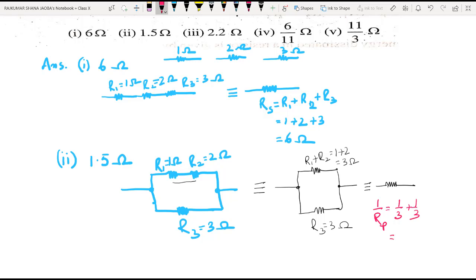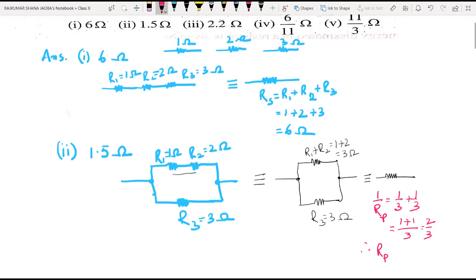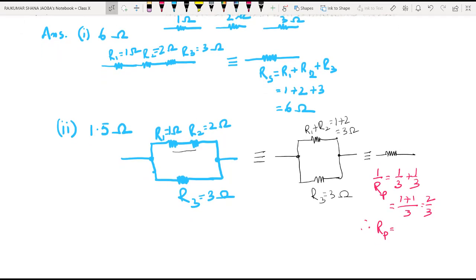So LCM 3, 1 plus 1 equal to 2 by 3. Therefore Rp equal to 3 by 2, that is 1.5 ohms.